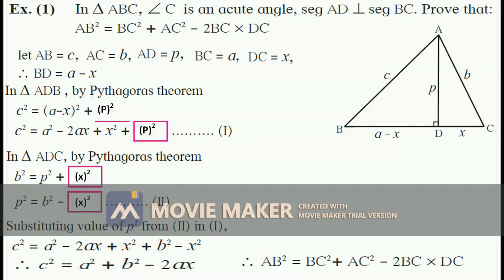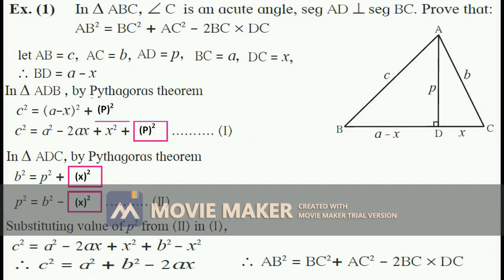Therefore, c stands for AB, a stands for BC, b stands for AC, and x stands for DC.